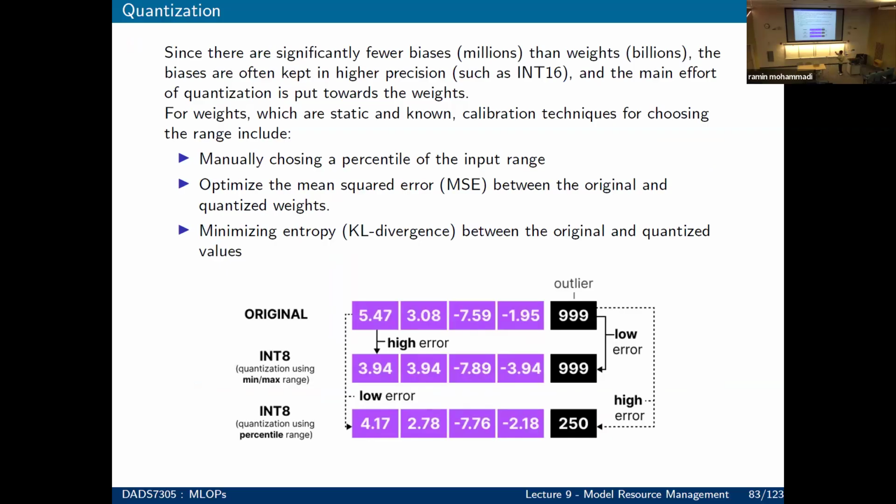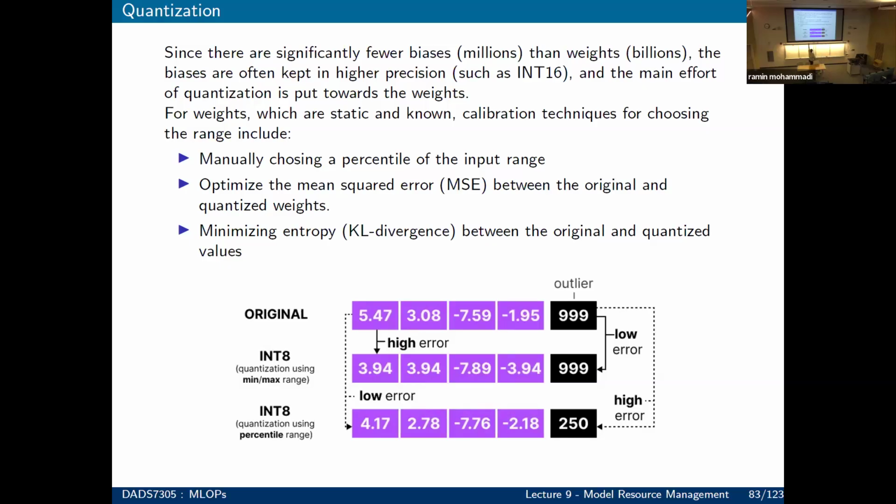If you use simply min-max quantization, what you will get is almost no error on the outlier side, because 999 is the max, so it would convert to the same thing. But you get high error on, for example, the first one, as we see.